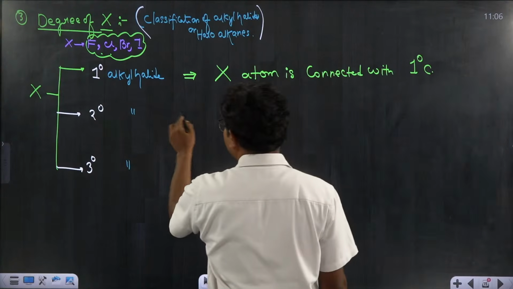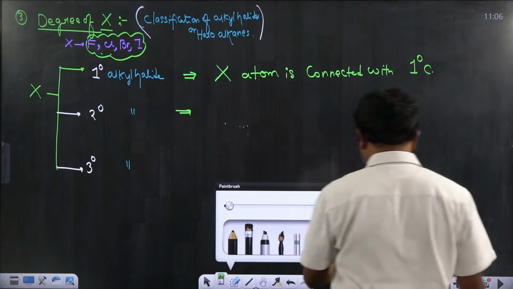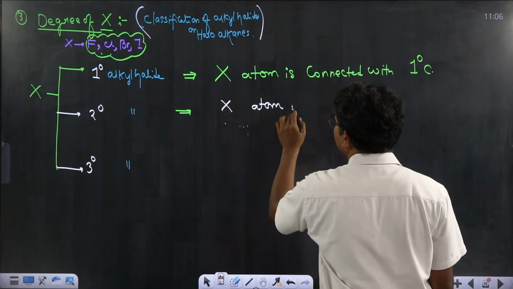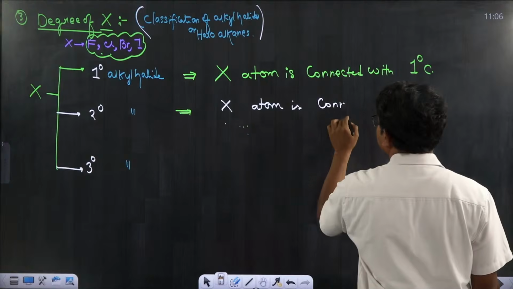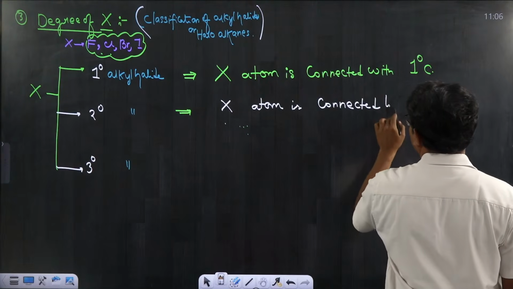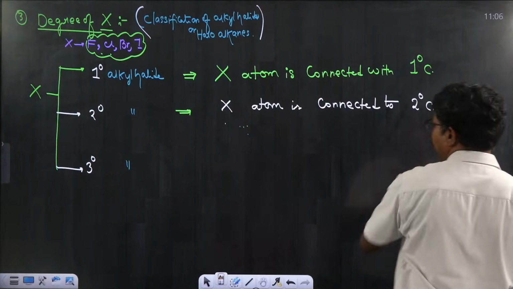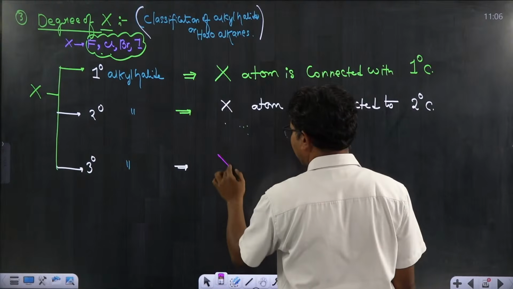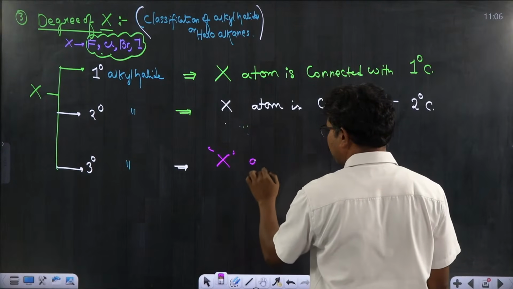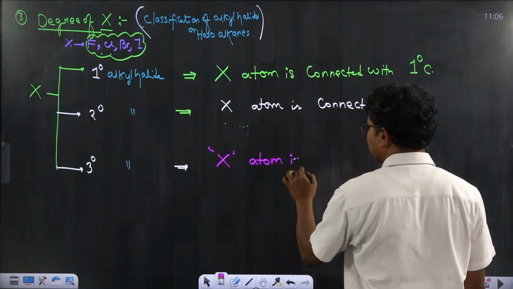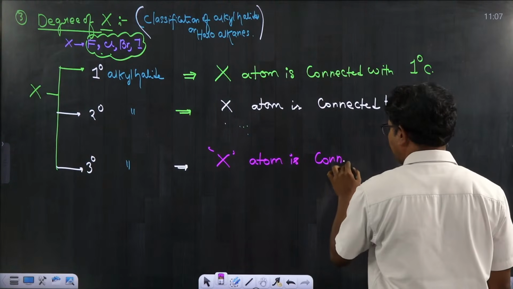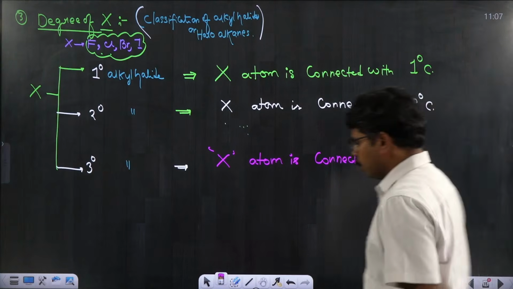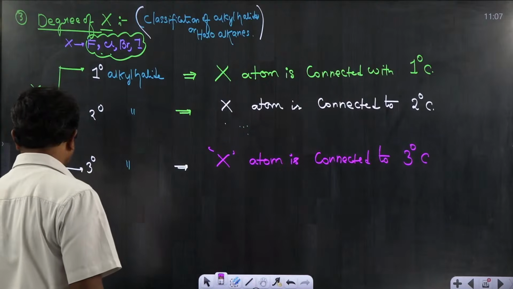In the same way, secondary alkyl halide is the one in which halogen atom is connected to secondary carbon. In the same way, the tertiary alkyl halide is the one in which halogen atom is connected or attached to tertiary carbon.